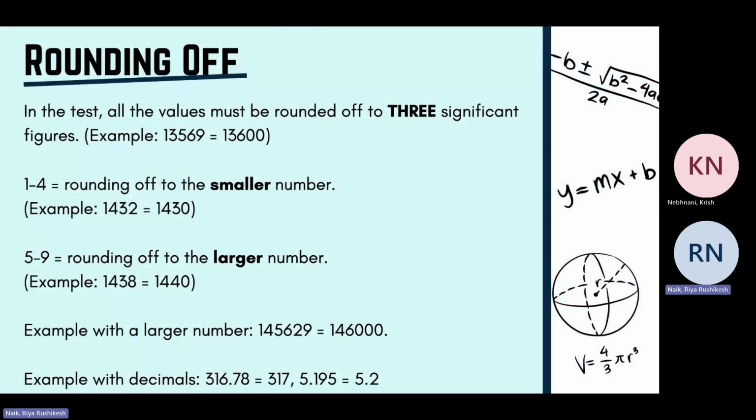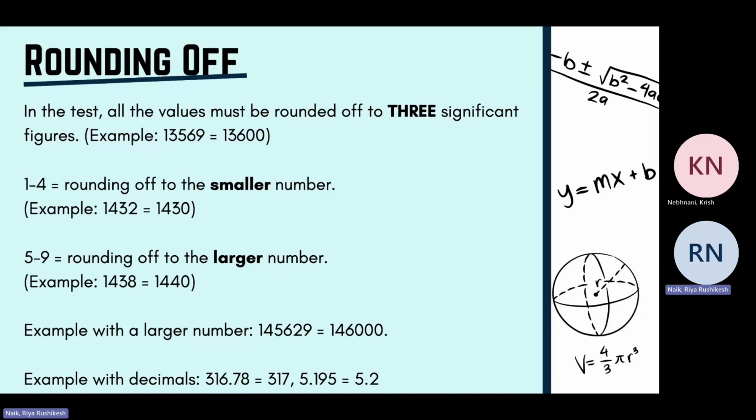Now, about rounding off. In your test again, all the values must be rounded off to three significant figures at any cost. So you can see over here this example, sometimes you might get a really big value like this, but you have to enter it only in three significant figures.